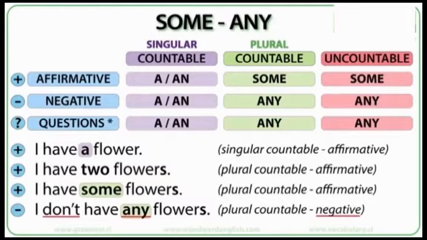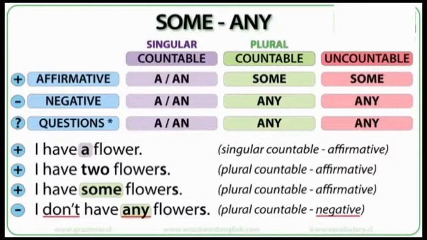So we say I don't have any flowers. Some and any are used for an indefinite quantity of something. Let's look at some more examples. Remember, some is for affirmative sentences and any is for negative sentences.